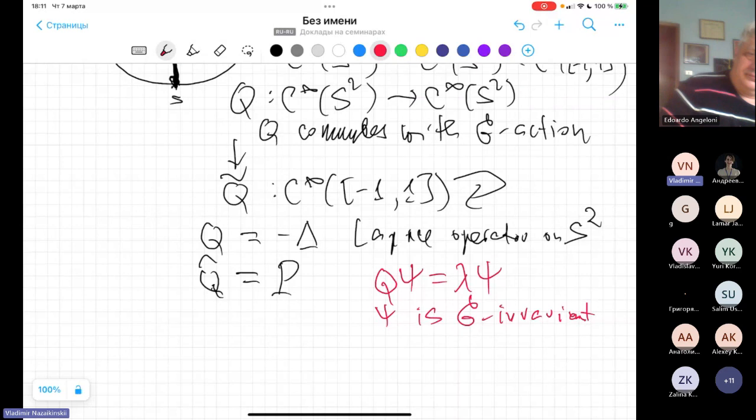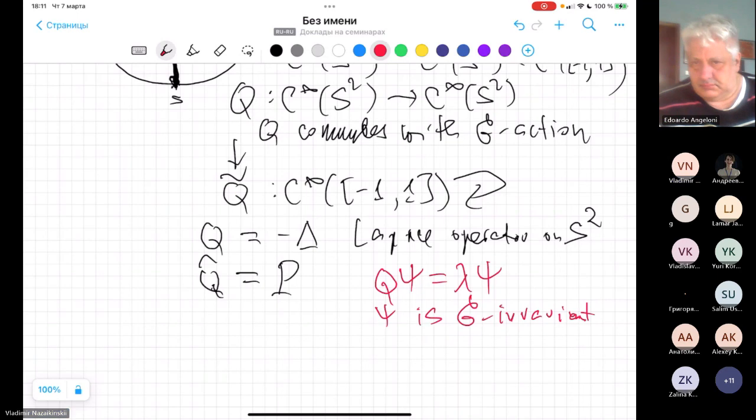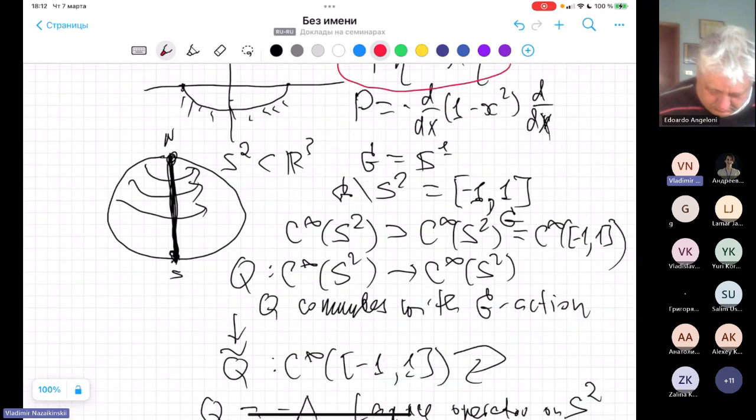So we reduce the problem of constructing the asymptotics for an equation with degeneration to a problem for an equation without degeneration, but on a manifold of higher dimension, and we must seek solutions that are G invariant. This is one example, and of course, as far as the operator P is concerned, we know the exact solutions of the eigenvalue problem.